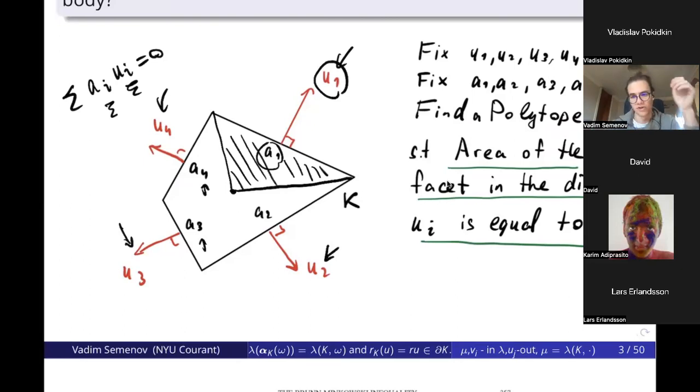So you don't look at the length of the facet or area of the facet, but you look at the area of this cone to a center. And it's completely the same problem. You have some numbers A1, A2, A3, A4, which correspond to lengths of the area. You fix the direction of the facets. Does there exist a body which realizes this structure, and is it unique?